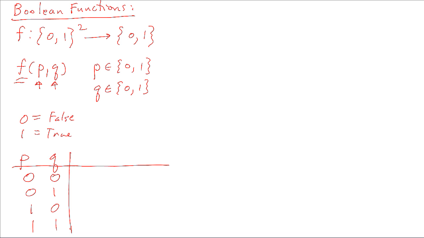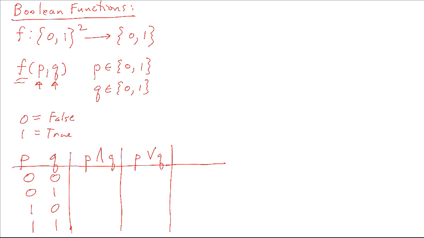Okay? And we have to define that function for all the possible values of the inputs. And we're going to define the AND function by going P and Q like this. And we're going to define the OR function, P OR Q, using that notation.